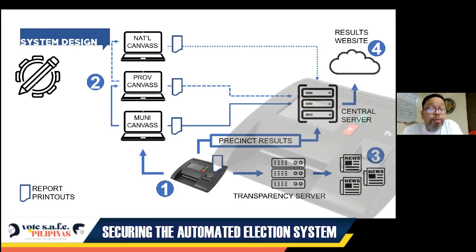If anyone tries to hack any of these results, they could not do so for all three recipients, making the system immediately tamper evident. And finally, the central server itself sends a copy of the data to a public website. This makes sure that the public is also able to keep track of the progress of the counting, essentially democratizing the counting process. And this is the third pillar that we believe makes our system very trustworthy, the system design.